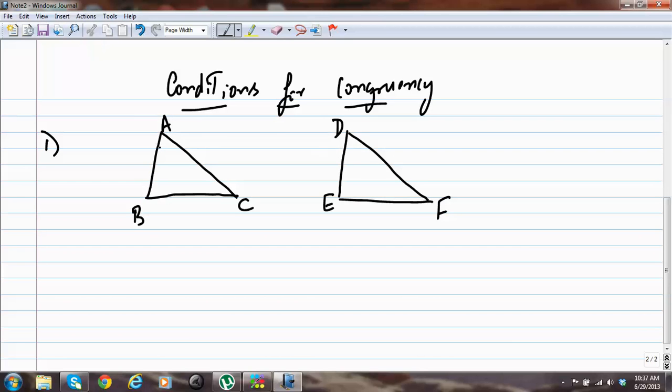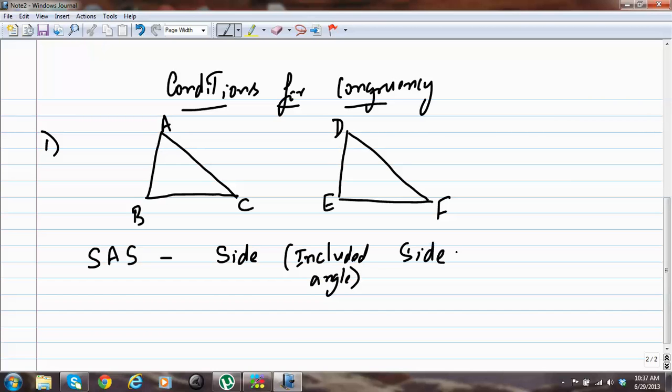Now the first condition is SAS. It means side, included angle, and again side. Now if we take this side, AC is equal to DF and AB equal to DE.